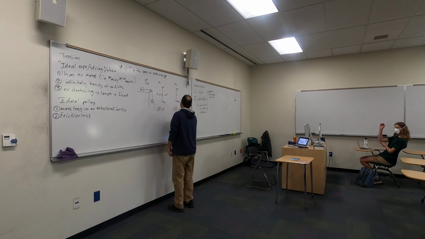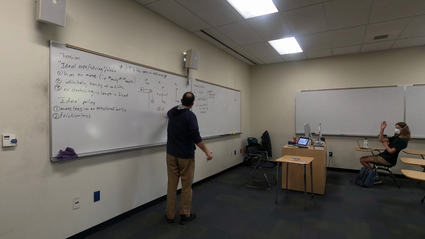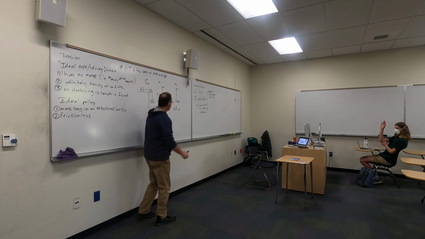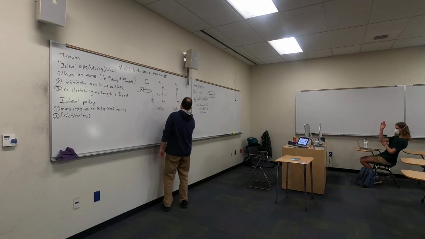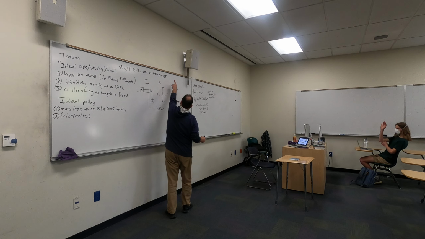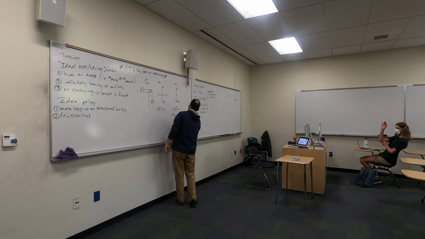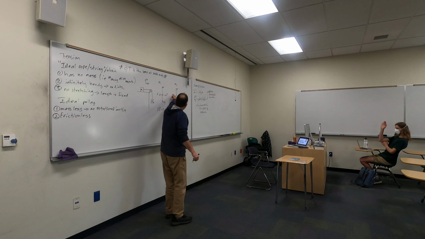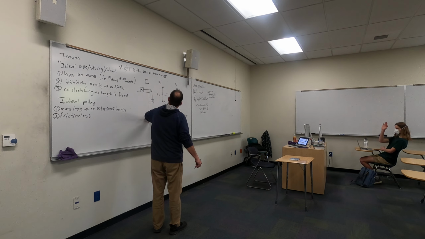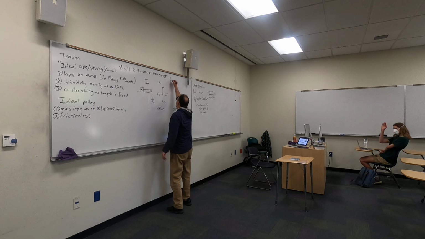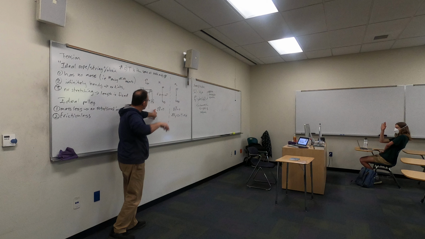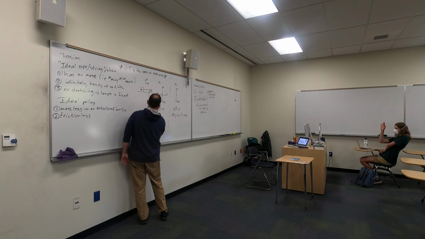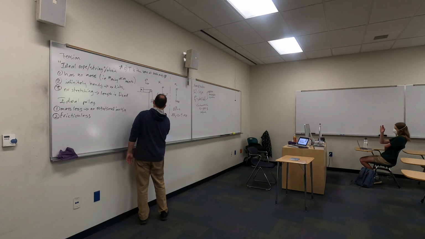Okay, so let's first write our vector equations. In this case, everything is just in the y direction, so we can say sum of Fy is equal to 0 is equal to, well, T is up minus M2G. For this one, we have the sum of forces in the x equals 0.